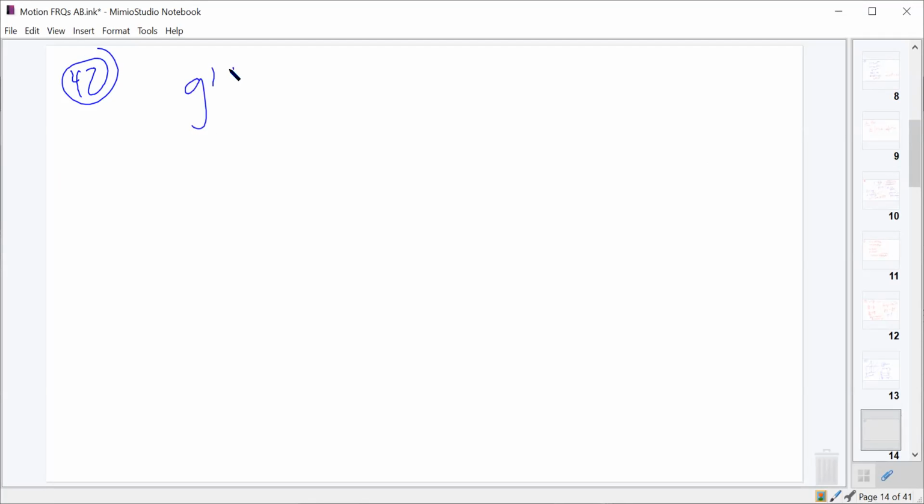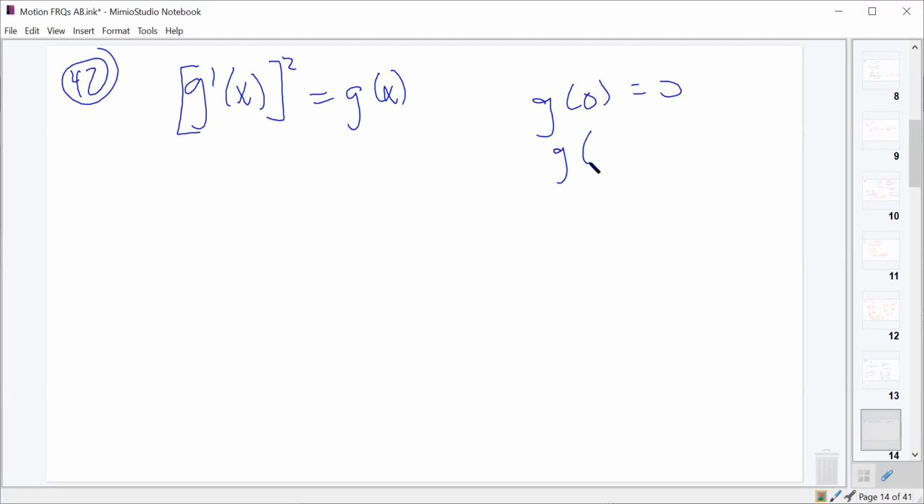It says g prime of x squared equals g of x for all real x. It says g of 0 is 0. It says g of 4 is 4. And we want g of 1. All right, so this one is, I would say, a little bit annoying.